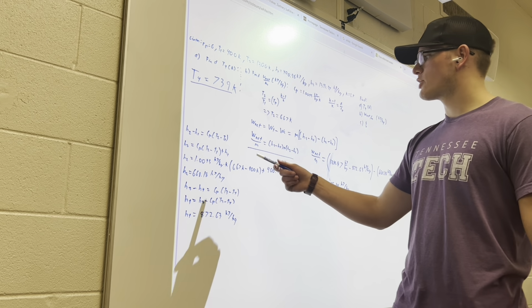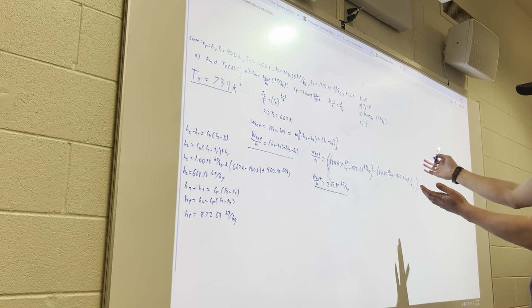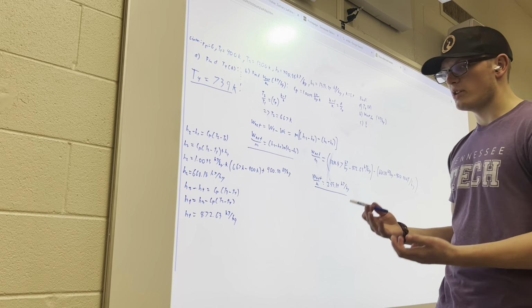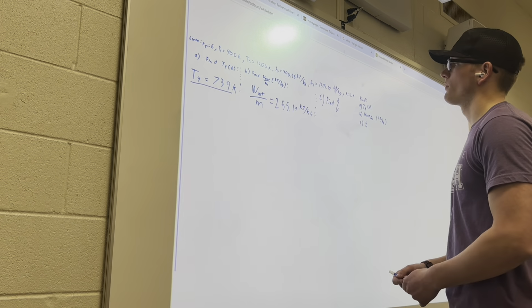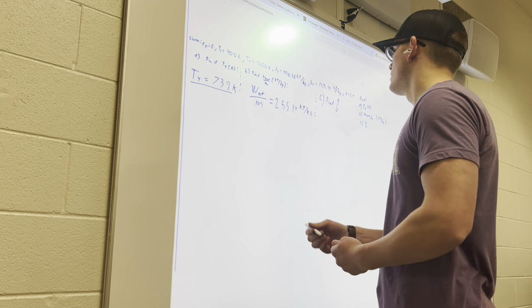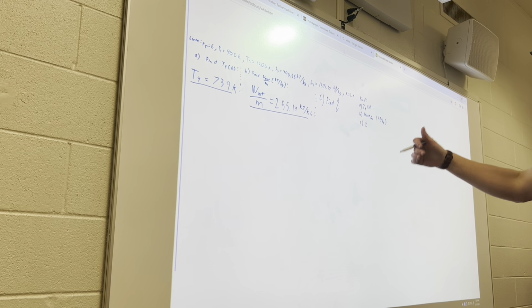We solved for our extra enthalpies, and then we solved our equation and got our work net per unit mass. That's part B right there. Done.